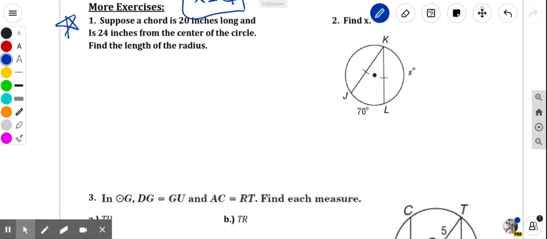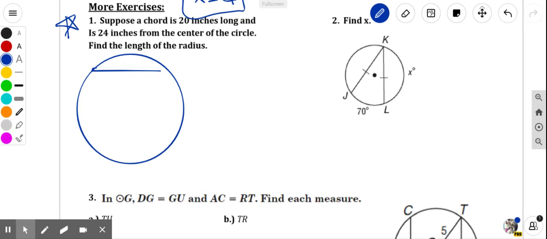You'll see. So I always start with my circle. Oh, look at that. Made it a nice perfect circle for me. And then in each problem like this, you're given a chord, a radius, and the distance from the chord to the center. I always make my chord at the top of the circle.